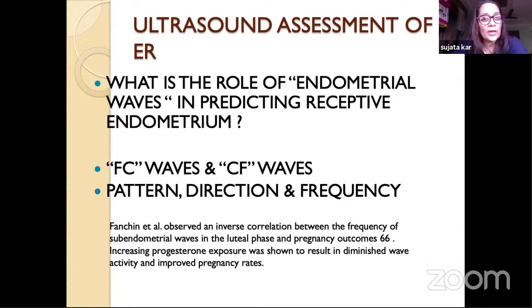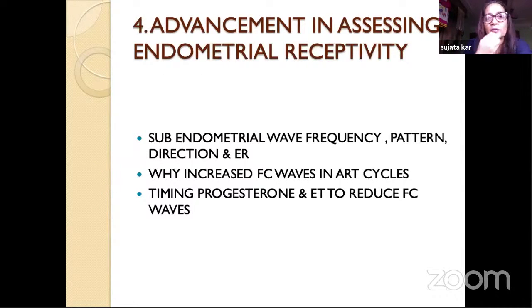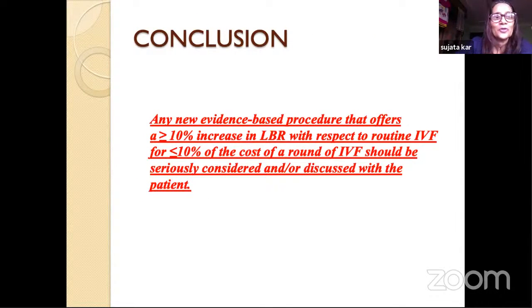There are quite a few studies on endometrial waves in predicting a receptive endometrium: the fundo-cervical and cervicofundal wave pattern, direction, frequency. Maybe this has some promise in the near future. Subendometrial wave frequency patterns and so on might help. It might be the next future.